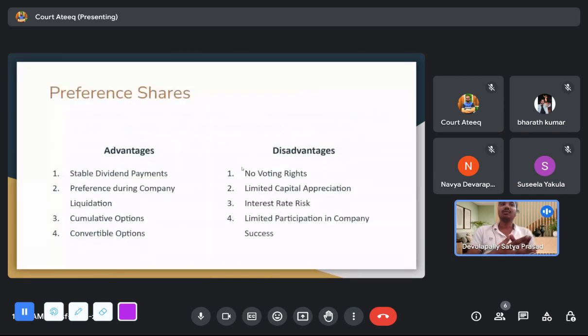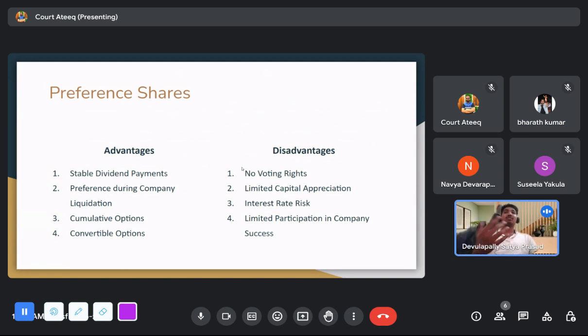And the advantages of preference shares are, it provides a stable dividend income. You need not think about whether you will get any return or not. The second one is preference during company liquidation. In case the company gets liquidated, we will get more preference than the common shareholders. And the third one is cumulative options. If the company is not able to pay dividend this year, it has to pay dividend in the next coming year, and it all will be added up so that we will get a fixed kind of return.